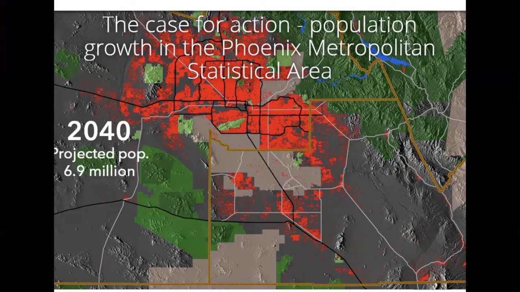And you can see by looking at this map that the city has also spatially grown to a fairly large extent. And this will have a huge impact not only on our environmental areas and our habitats, our biodiversity, but also on our communities and our quality of life as well.